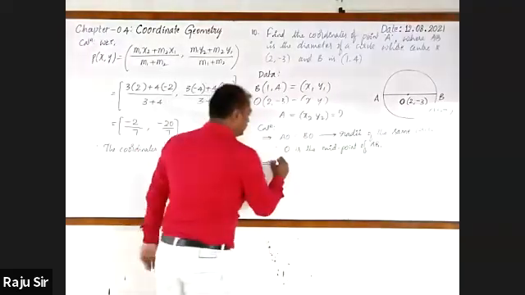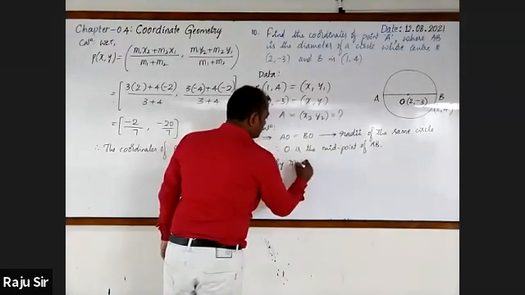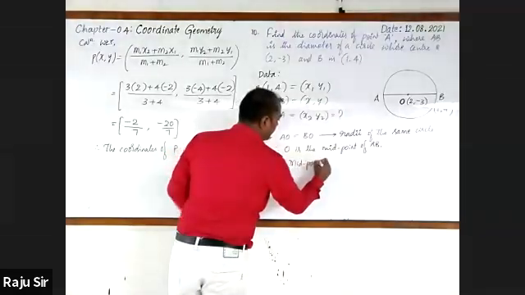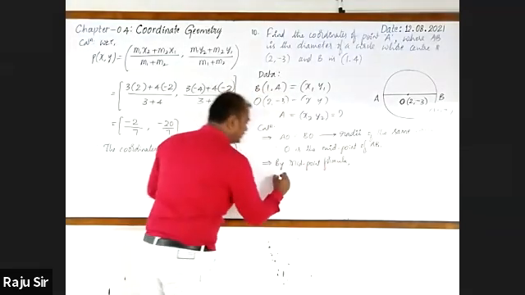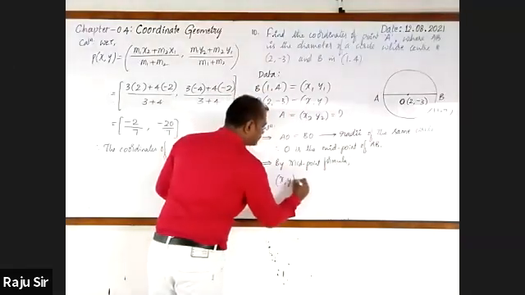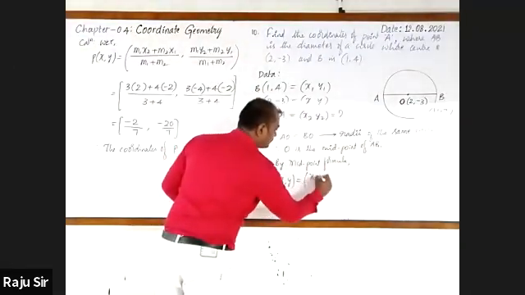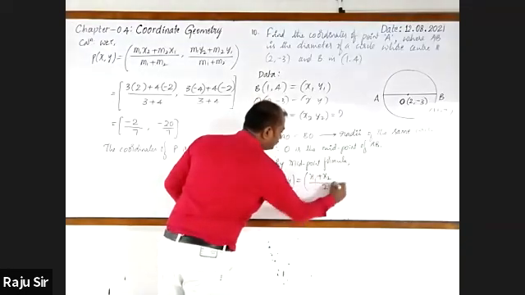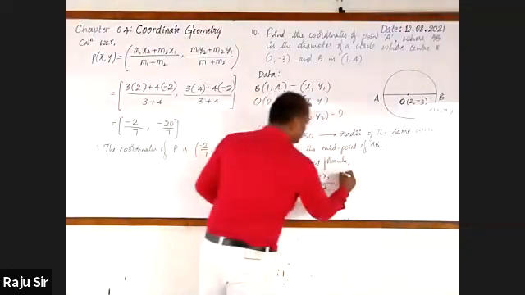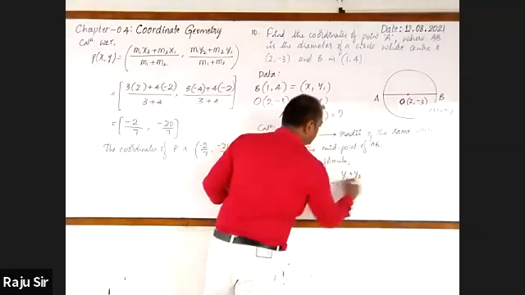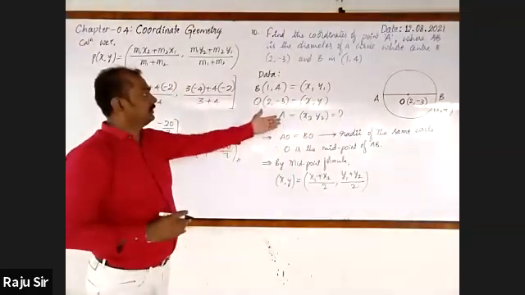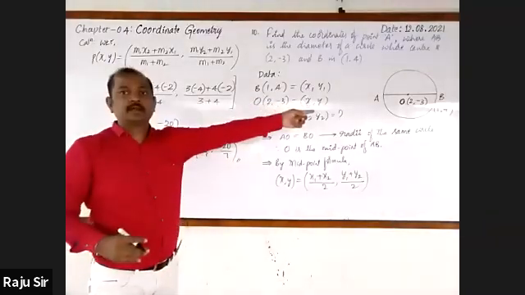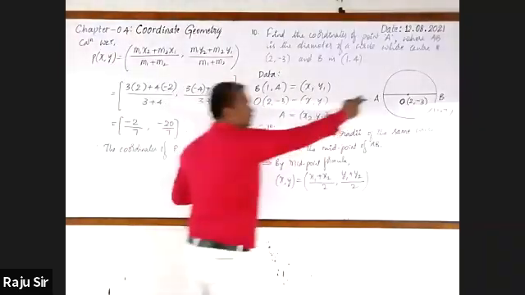Now, by the midpoint formula, (x, y) is equal to ((x1 plus x2) by 2, (y1 plus y2) by 2), where (x, y) is known, that is the center of the circle, (2, -3).